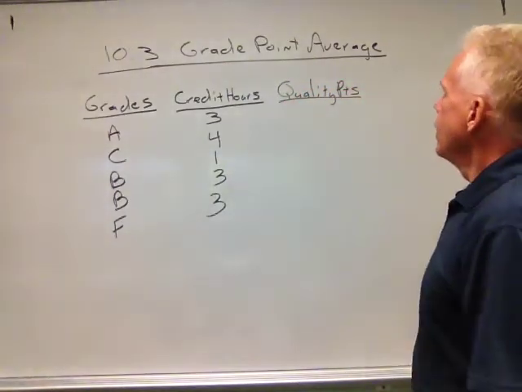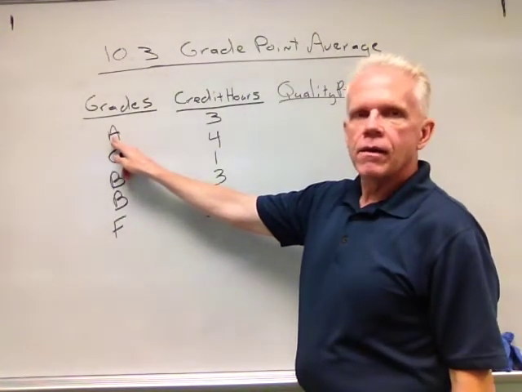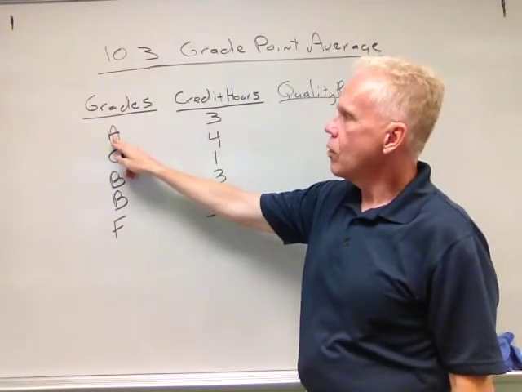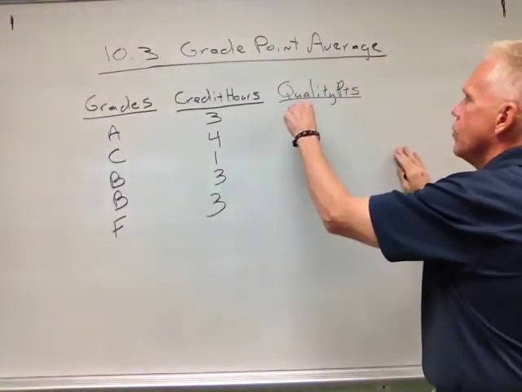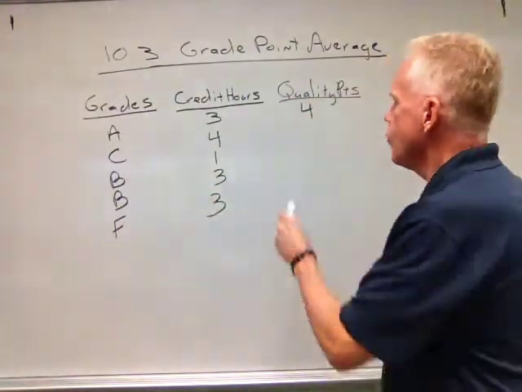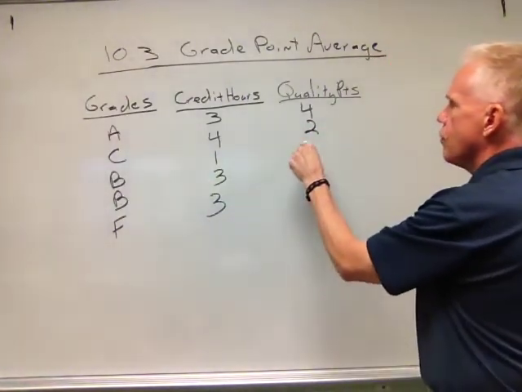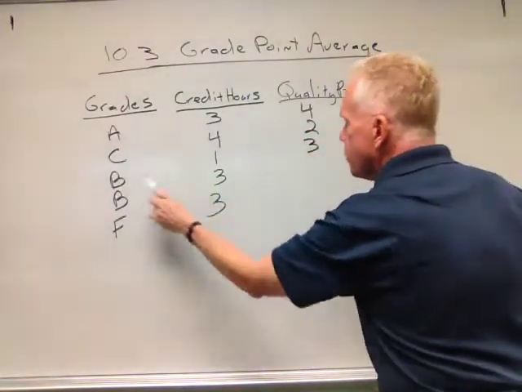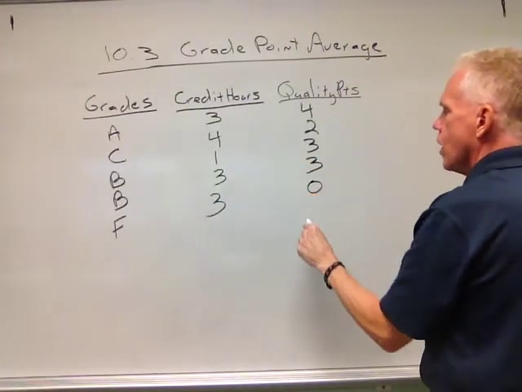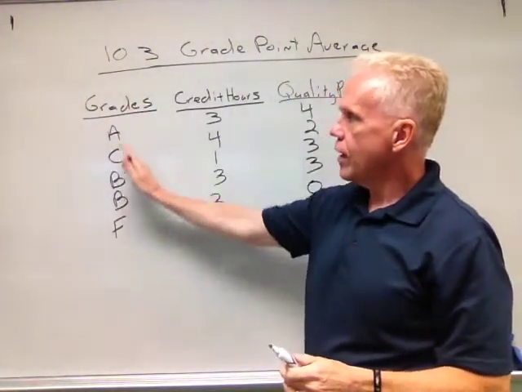An A on a 4-point grade scale is worth 4 quality points, so we're going to put a 4 right here under quality points for that A. A C is worth 2 quality points on a 4-point grade scale. A B is worth 3 quality points. This B is also worth 3 quality points. And that F is worth no quality points. So these are the quality points assigned to these grades.